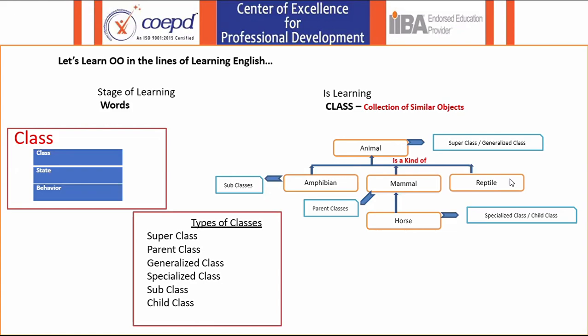In technical terms, you classify class as a class, state, and behavior. See, how the class is going to be defined, this may be a class of animal. And because I'm saying class is a collection of similar objects, we have to speak about what? The state and behavior. Okay. Is it clear, Sandeep? Yes.